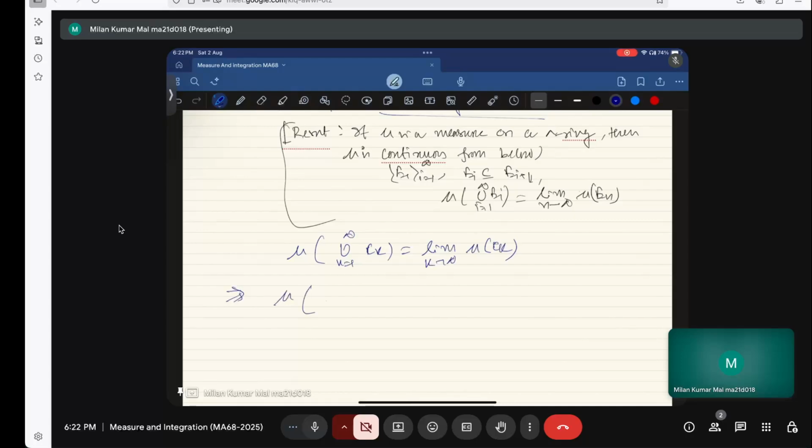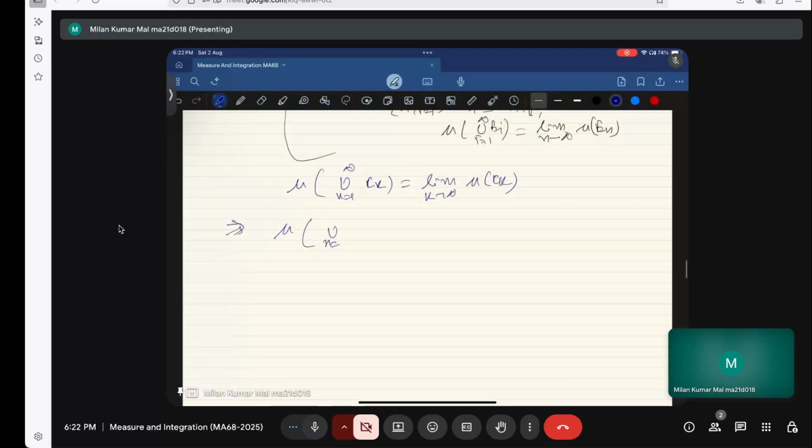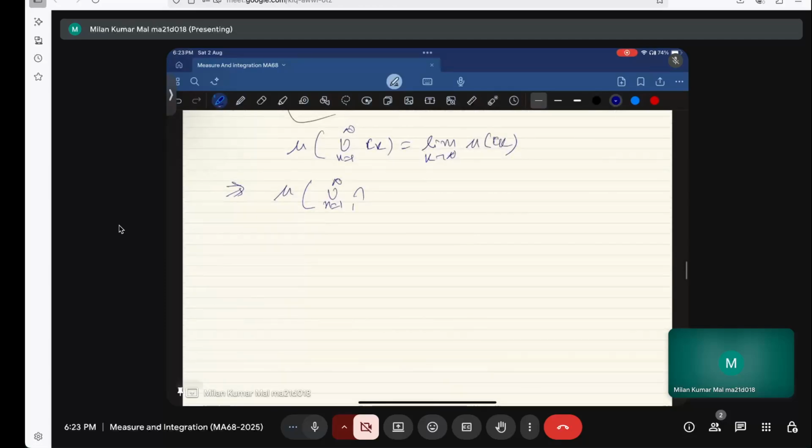That means mu of the union over n equals 1 to infinity of the intersection over i equals n to infinity of E_i is equal to the limit as n tends to infinity of mu of this C_n. Now the second fact: note that C_n is the intersection of all E_i with i greater than or equal to n.